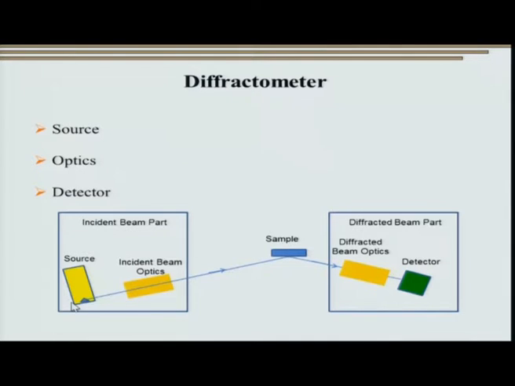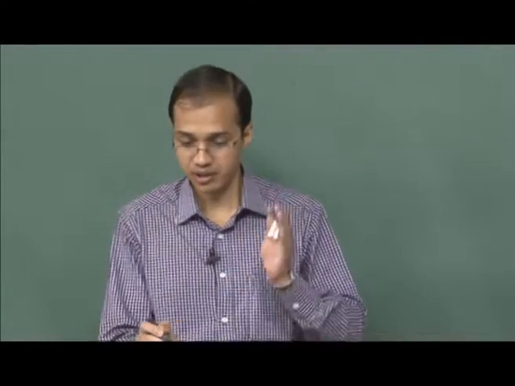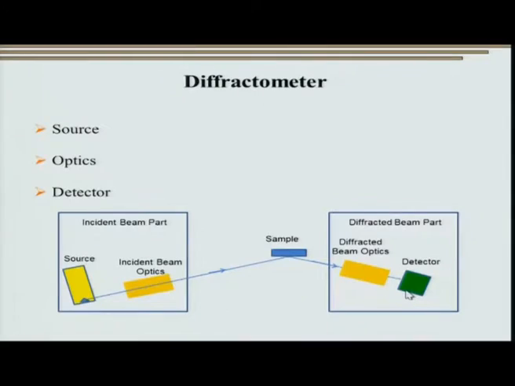So, we see we need a source to generate X-rays. We need what is known as the incident beam optics to massage the X-rays and produce them in the proper format in which we want. Then the X-ray is made to interact with the sample, and the signal we get is passed through the diffracted beam optics, again to ensure that we are looking at a particular wavelength, and then finally it goes to the detector.